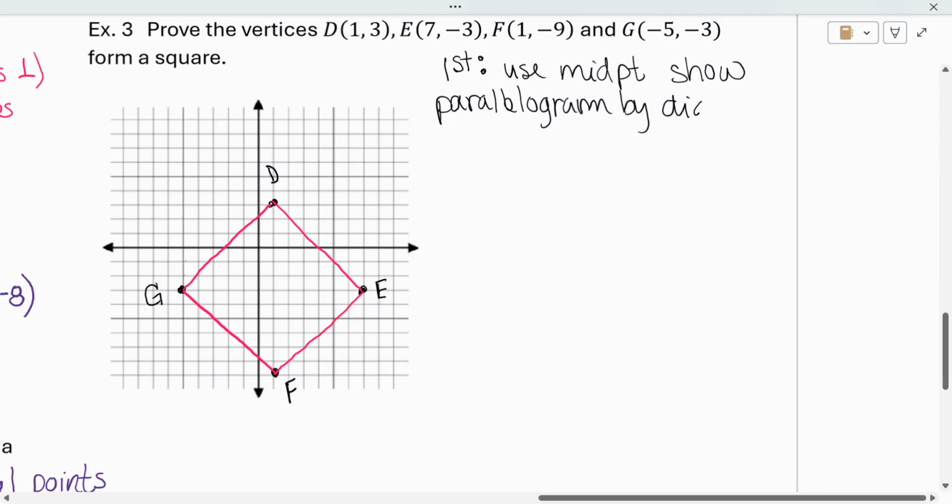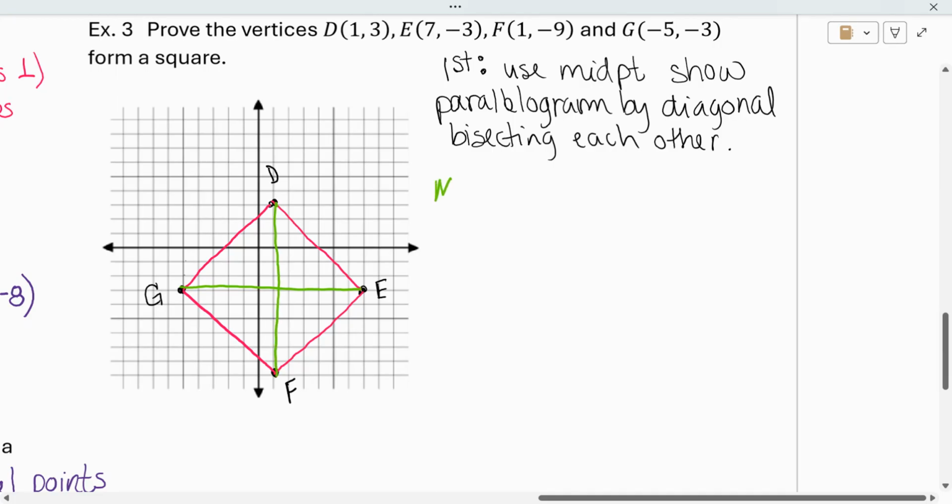By the diagonals bisecting each other. So what are my diagonals? Well, I have GE and DF.